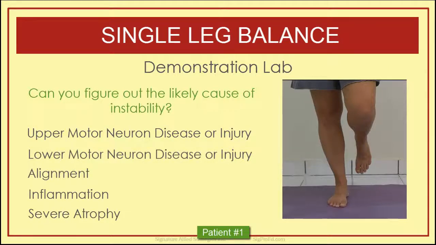This patient is a 43-year-old active female, neurologically intact with no symptoms of arthritis. However, she has a history of ankle sprains. What is the likely cause of the instability? Given this patient's alignment and history of ankle sprains, the likely answer is that her instability is due primarily toward inflammation.